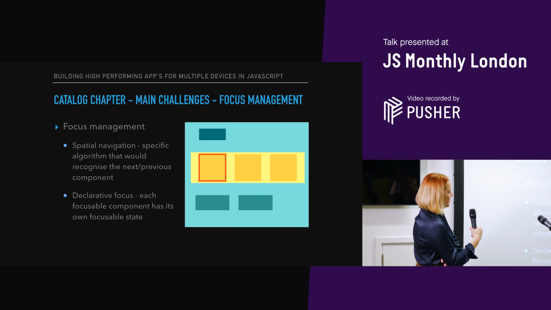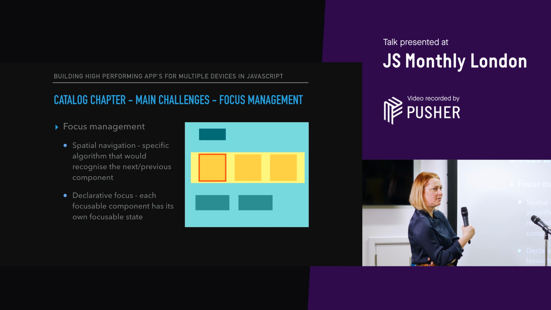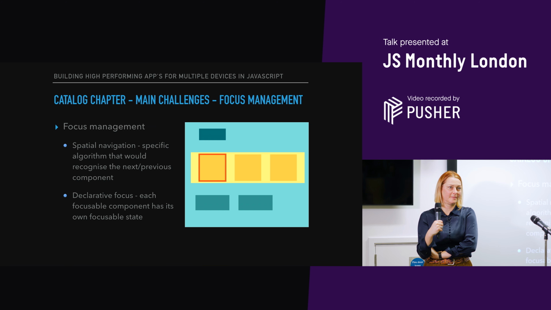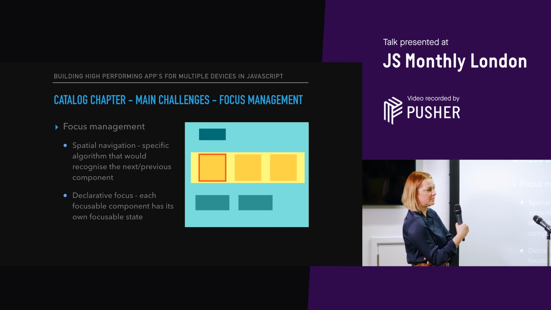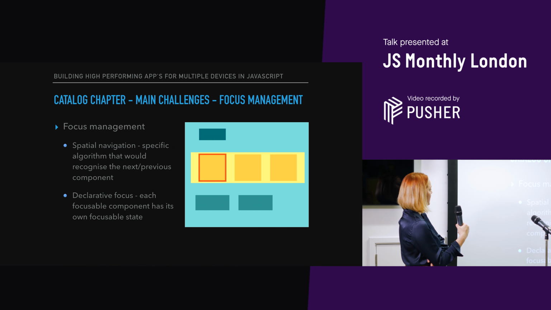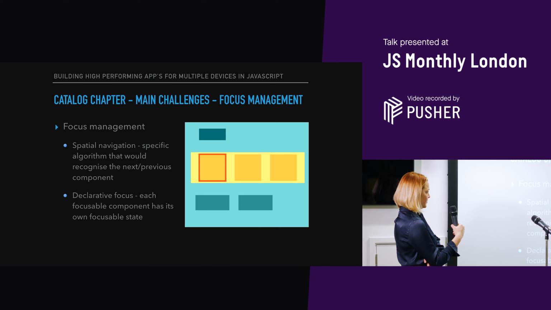So we've been considering two types of focus management. One is the special navigation. Anyone heard about special navigation? Browsers use it for tabbing through the components, right? Through the links. And then declarative focus.